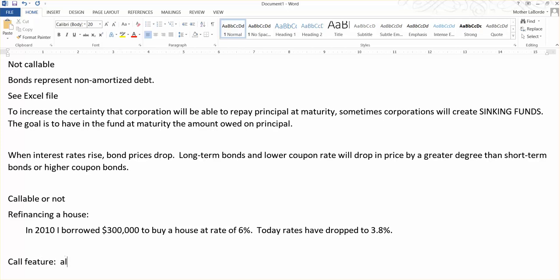The call feature allows the corporation, the issuer, in this particular case Goldman Sachs, to call in all old bonds, basically for refinancing. They don't call it refinancing, they call it refunding, but it's technically refinancing in the same sense as a mortgage.